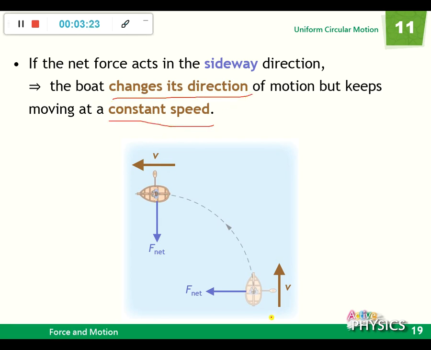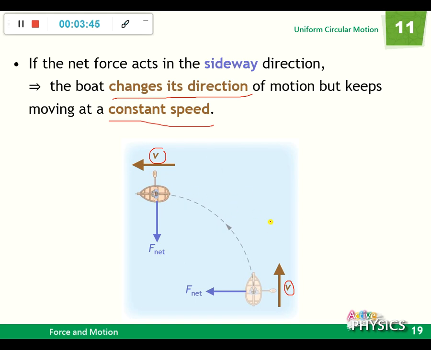But how about the direction, which is changing? The case will be like that: moving in a forward direction with a constant speed, for example 1 meter per second. And then after a certain time, the ball comes to here, the speed will be the same, 1 meter per second. But are they the same? If this is speed, they are the same.